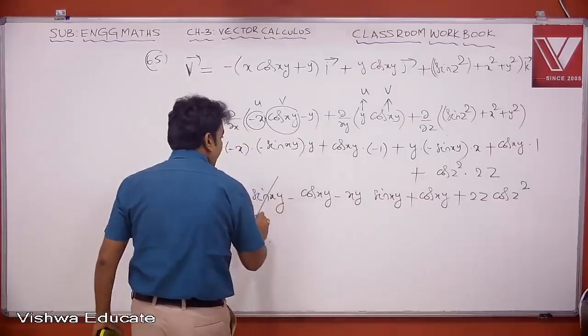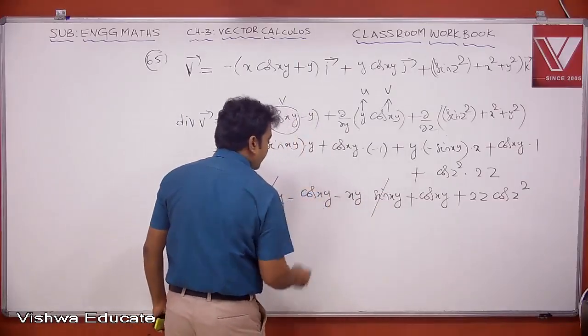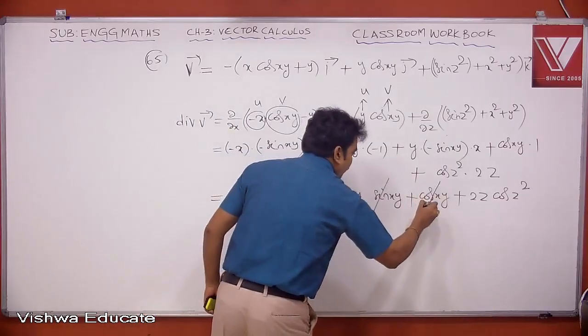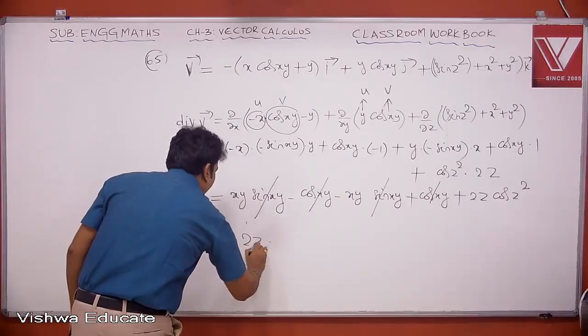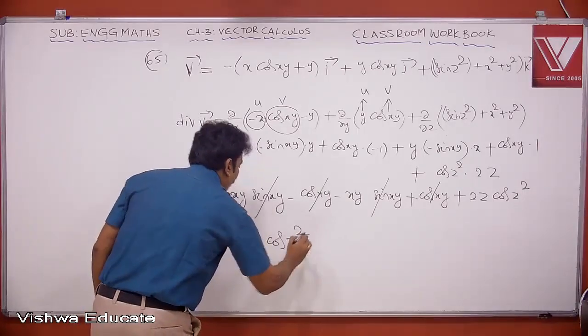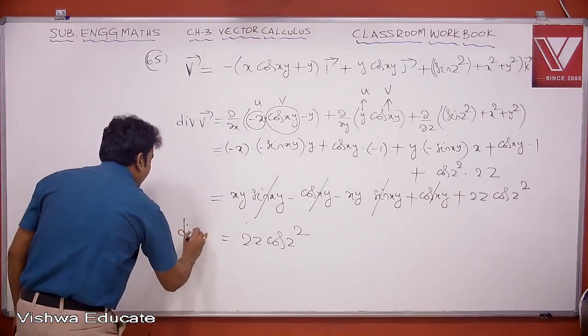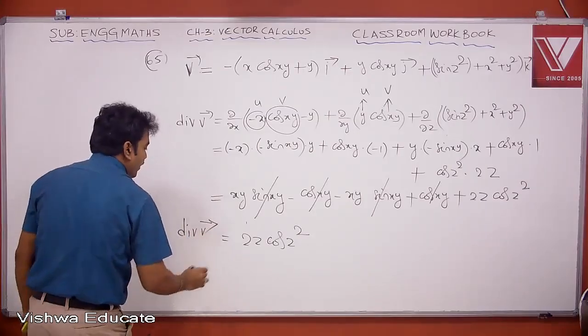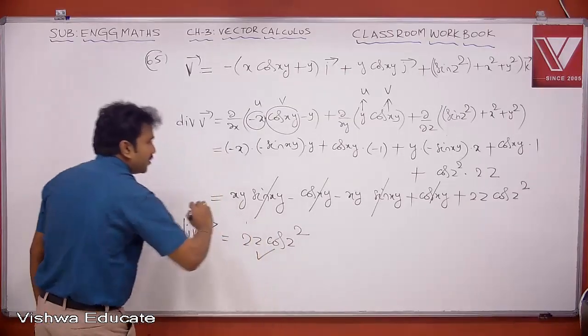Now xy sine xy minus xy sine xy gets cancelled, minus cos xy plus cos xy gets cancelled. So the final result is 2z into cos z square. This is the divergence of this vector V bar. So the result is 2z cos z square.